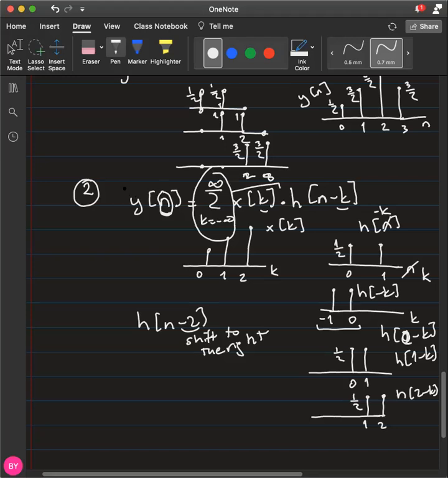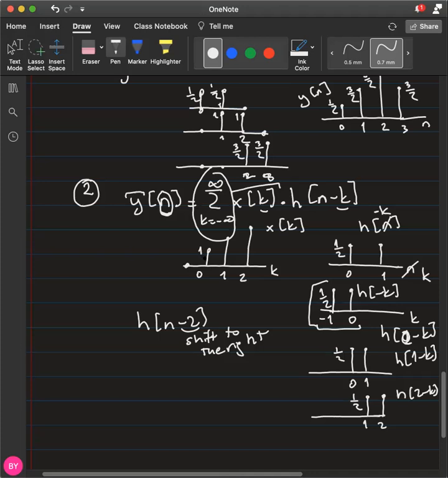Okay, so if we continue like that, this is my signal x of k. If I multiply this with h of k, what will be the output? There is no minus 1, so this is 0 times this, which is 0.